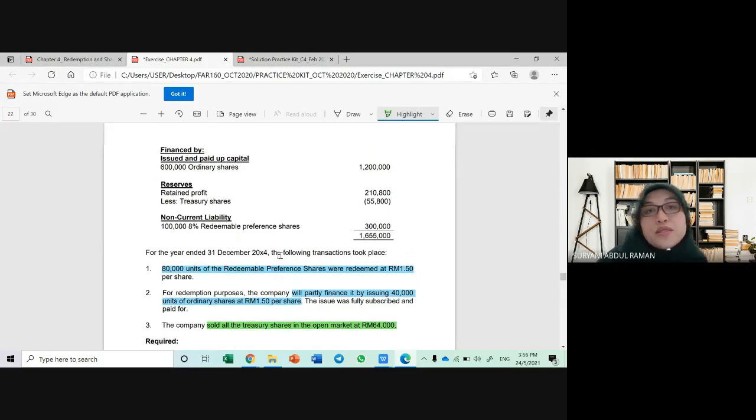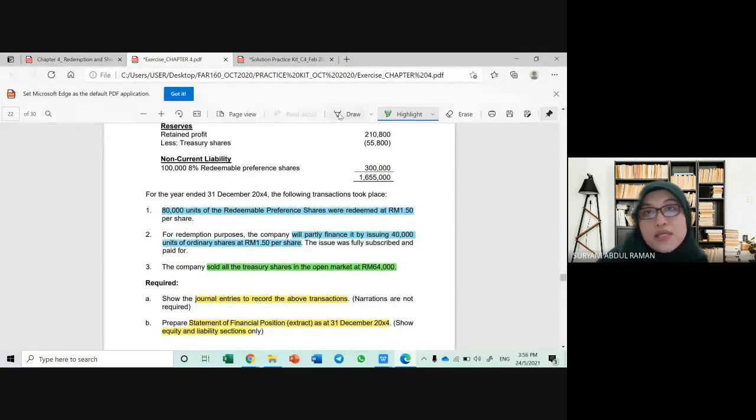How many transactions altogether for this question? There are only 2 transactions. Number 1 is regarding the redemption of preference shares, and number 2 regarding the resale of treasury shares. We go for number 1 first.